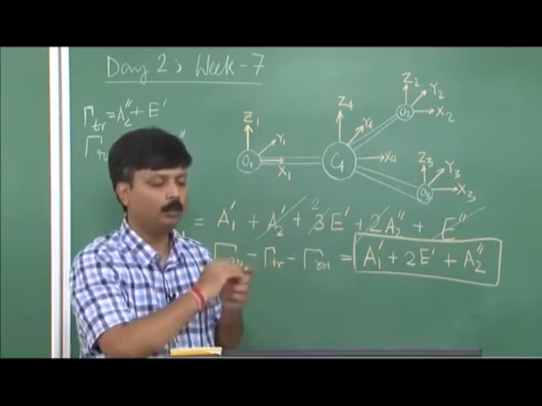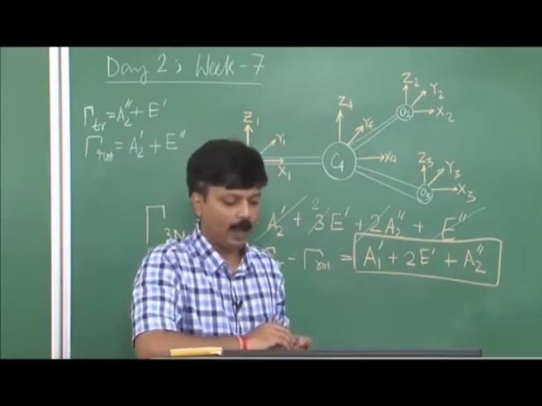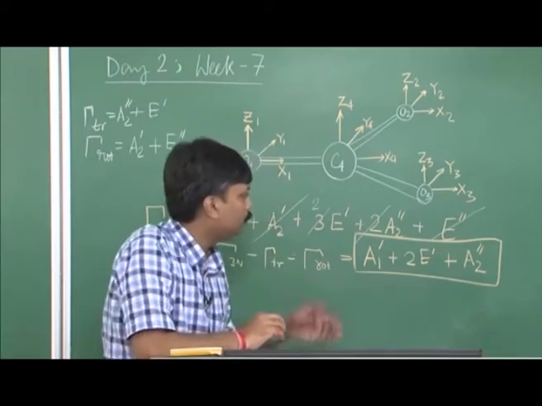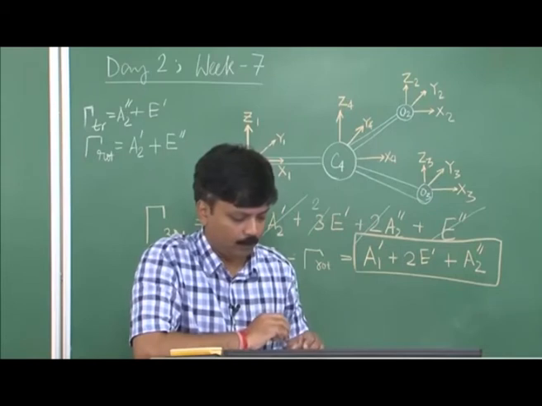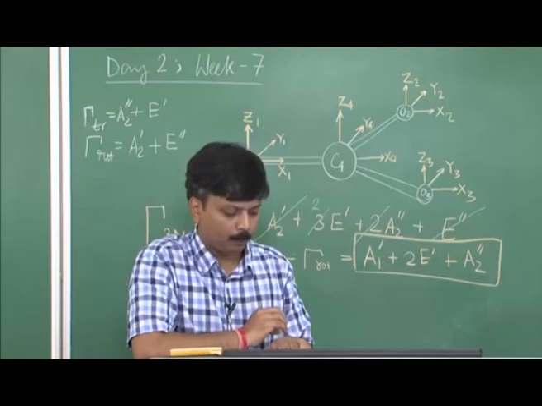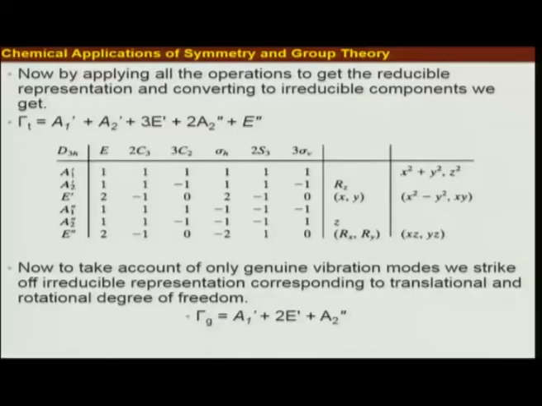So I can accordingly draw the normal mode of that, and then I have the characters for E prime. E prime has 2 for the identity and -1 for C3, while you have -1 for S3 also, and sigma v is 0.